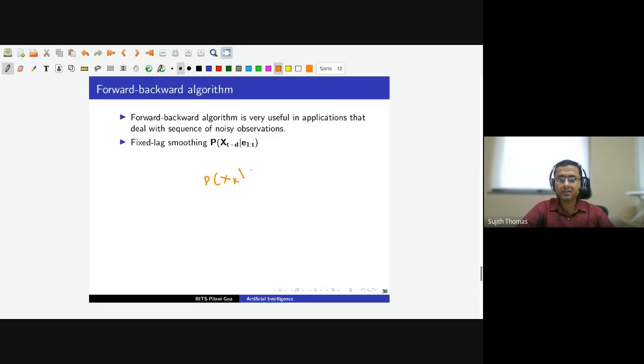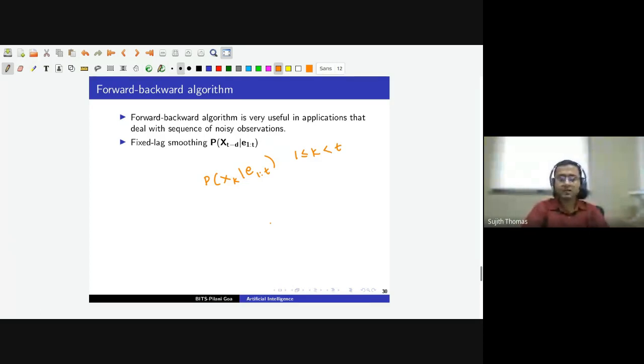So given evidence from time step 1 to t, we want to find a smooth estimate for the state variable at some time step k, where k lies between 1 and t. So we saw that it is possible to come up with a linear time algorithm. So the forward-backward algorithm we saw in the last class.